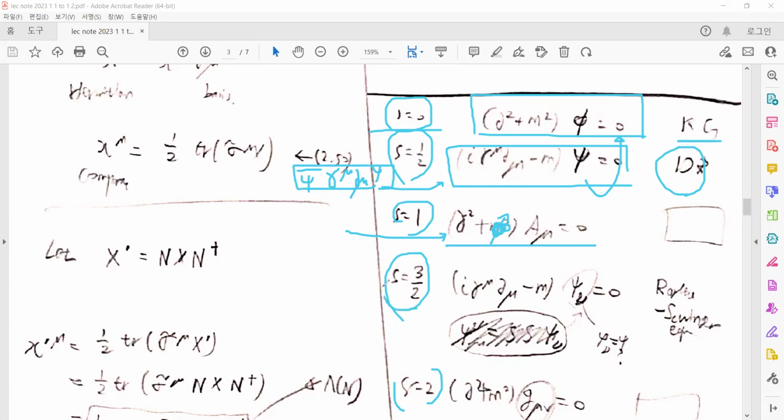And for spin 3/2, there is the Rarita-Schwinger equation, with the additional spin index in here. Also, we can construct the spin 2 free particle, the gravitons corresponding to the metric in general relativity theory, and so on.